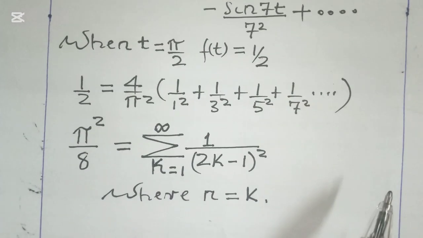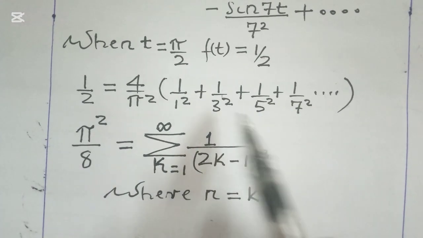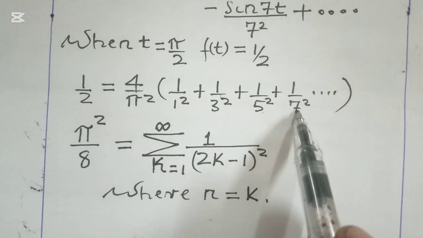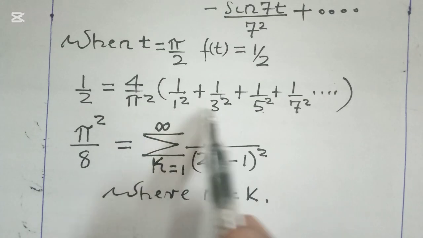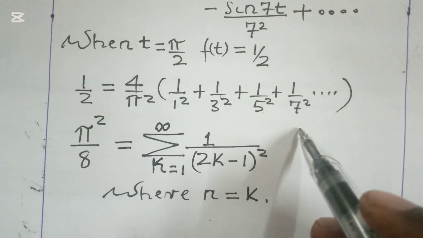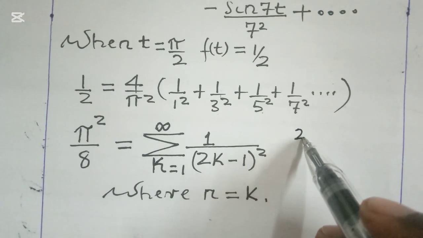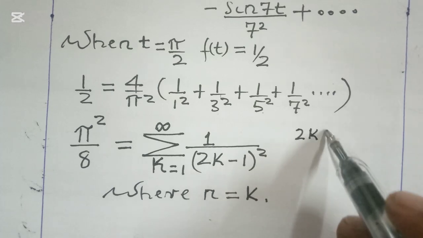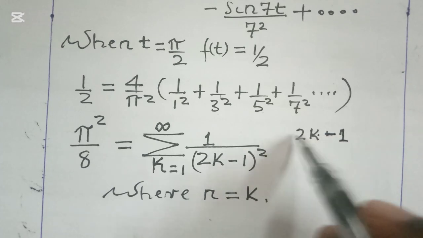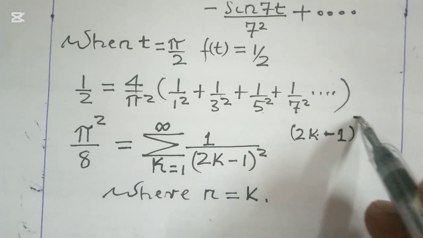And when we have that, guys, remember these are odd numbers. So if we are going to find the series of odd numbers like this, we are supposed to get 2k minus 1. That is the series we get from that.